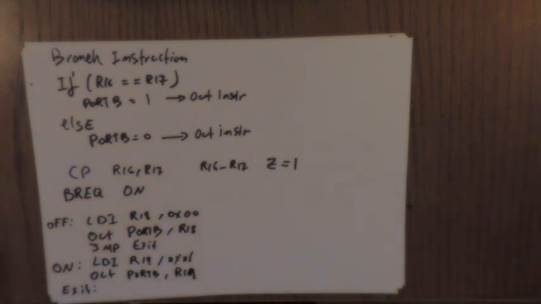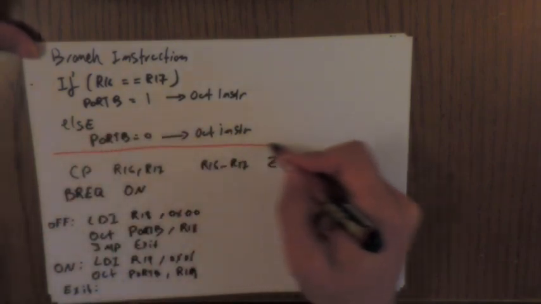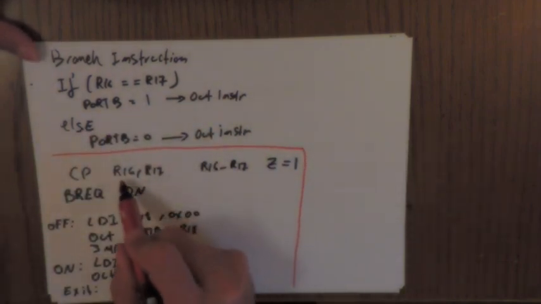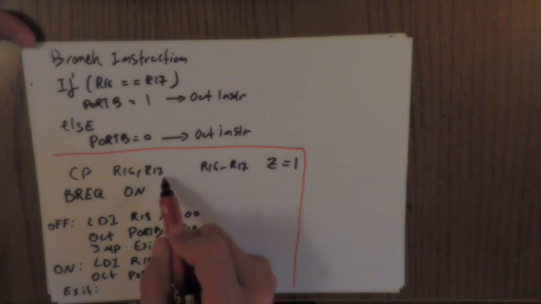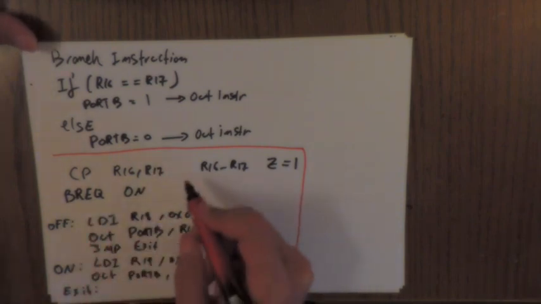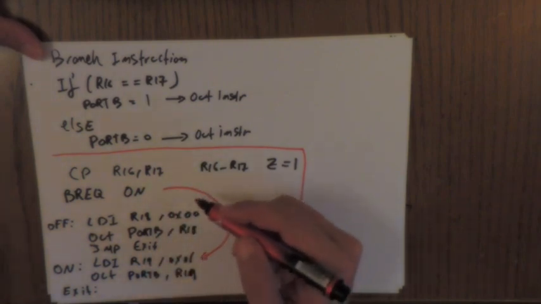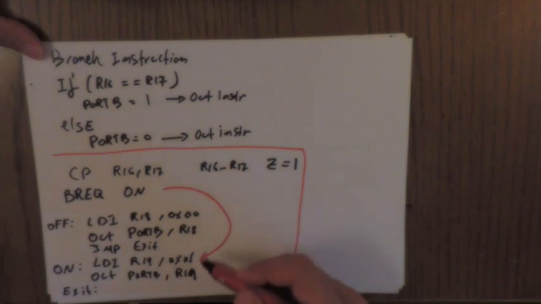So let's trace this program. We compared R16 with R17. I'm saying if they are equal, we branch here. So the program jumps over those three instructions.